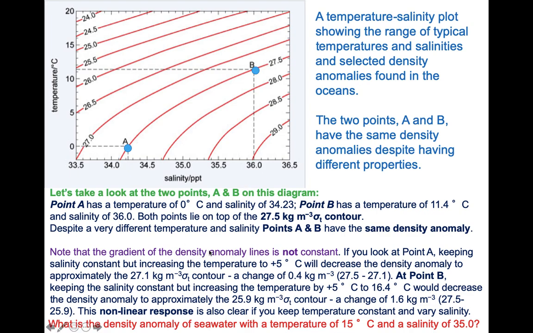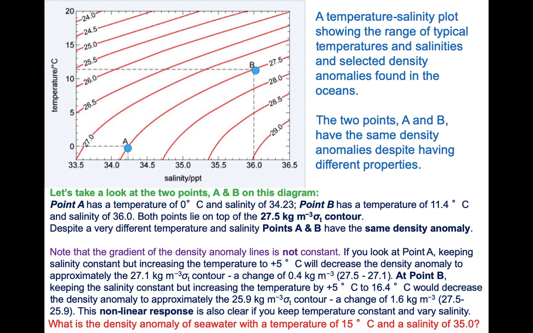At point B, keep the salinity constant, but increase the temperature by 5 degrees Celsius. You will realize that the density of water at B will also be getting smaller, and the densities of these two water columns, which happen to be on the same density curve to begin with, will look completely different. So this is what we call the nonlinear response.